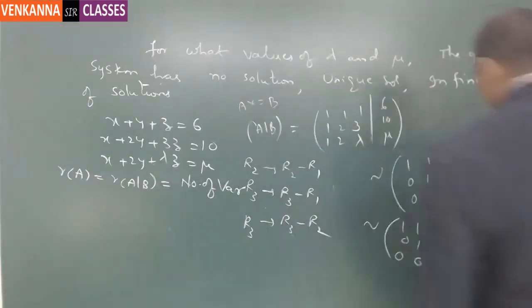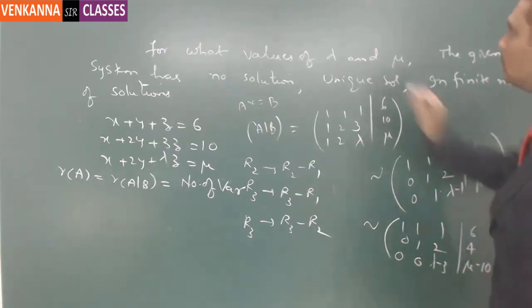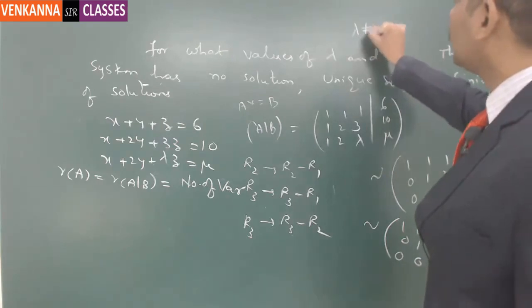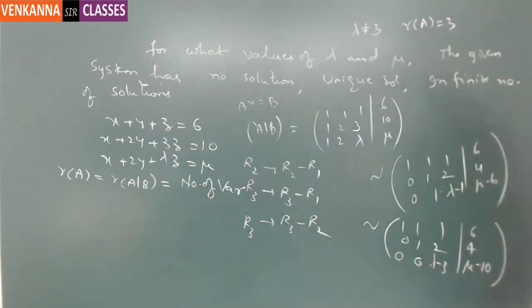Now what happens if lambda is any number except 3? Then this will be non-zero. So if lambda is not equal to 3, then rank of A is equal to 3. You forget about this portion. Whatever number you substitute here, you may get 0 or non-zero, that doesn't matter. Since you have a non-zero entry, rank of A|B is nothing but 3.